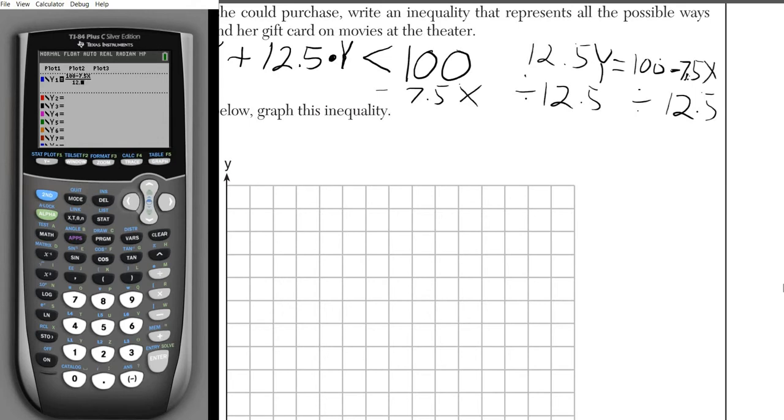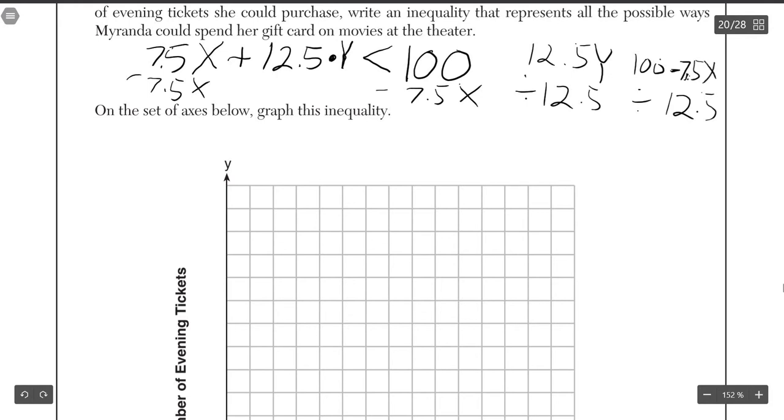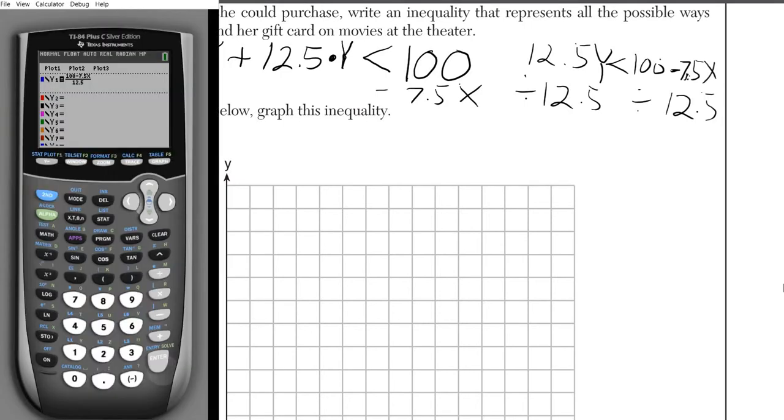And since it's an inequality, we don't really need this, but it's going to be less than. Ooh, I should not have put an equal sign here. This is less than. So to make it less than, we want it to be facing down. That would be greater than. This is less than. Okay. Now it should graph.